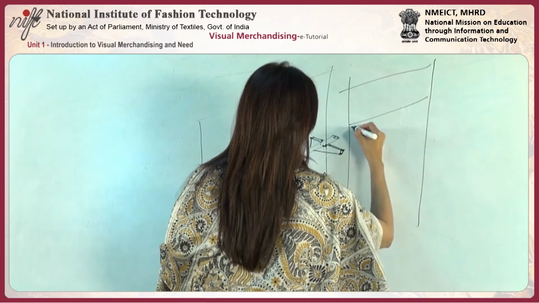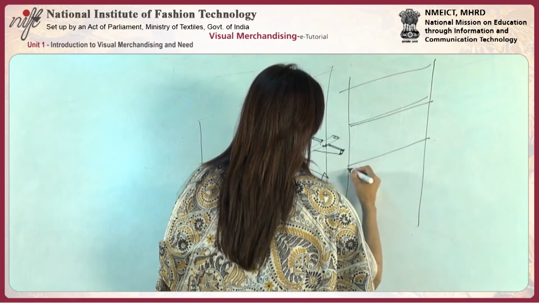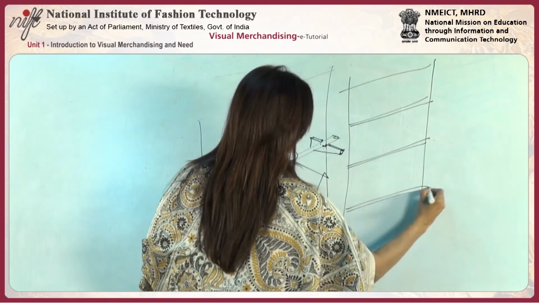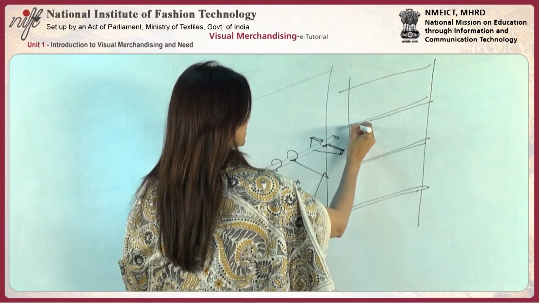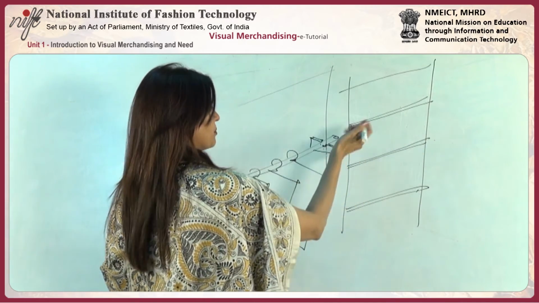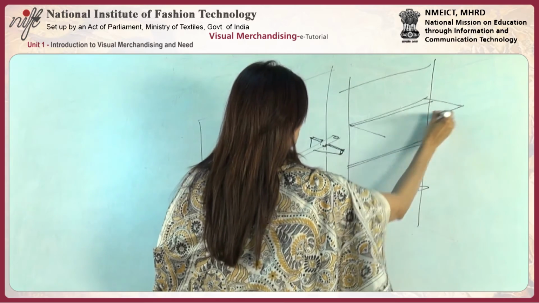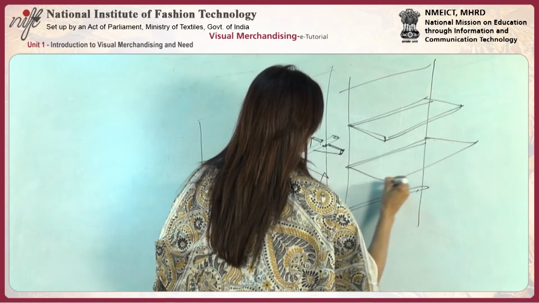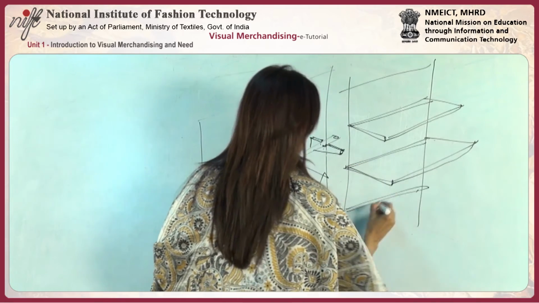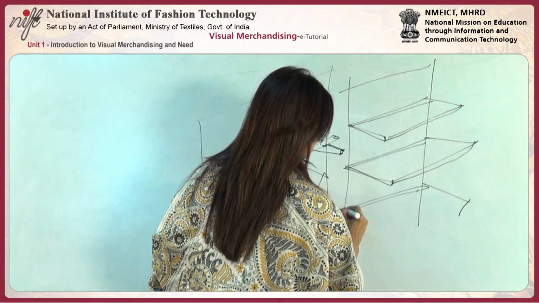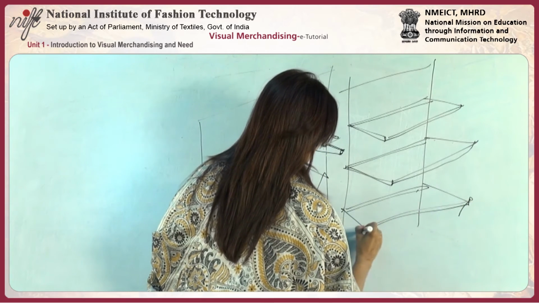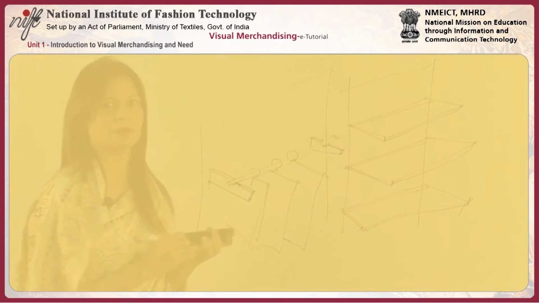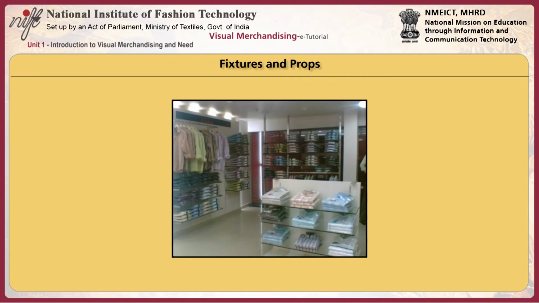Here you have slats that are already existing on the wall, on which you will have brackets or sometimes directly shelves which are placed, on which the merchandise can be displayed. These are fixtures and props at Peter England's store, which you see in the image.